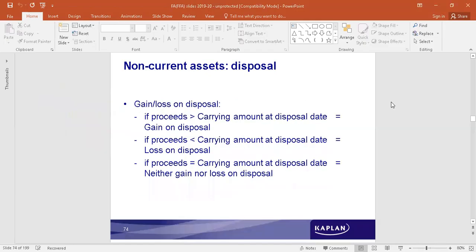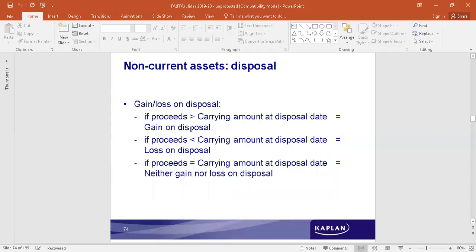Any loss or any gain will be carried to the statement of profit and loss account. When is there a gain or loss? If proceeds or the sale value is greater than the carrying value, there is a gain. Carrying value, if it is 40, they realize 45, 5 will be gain.